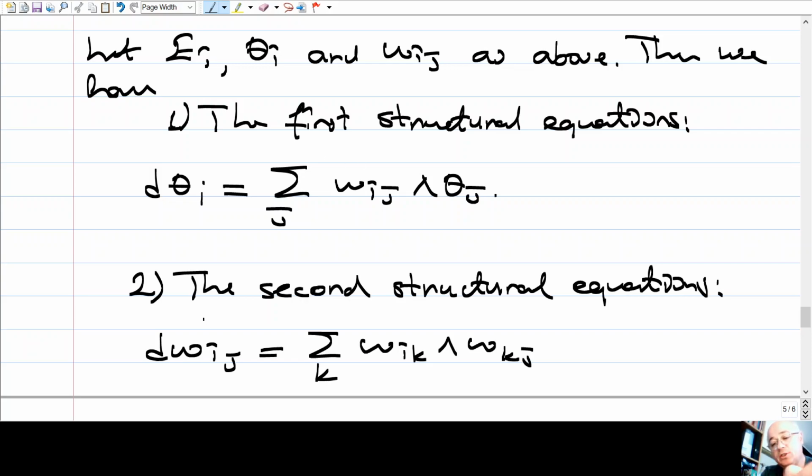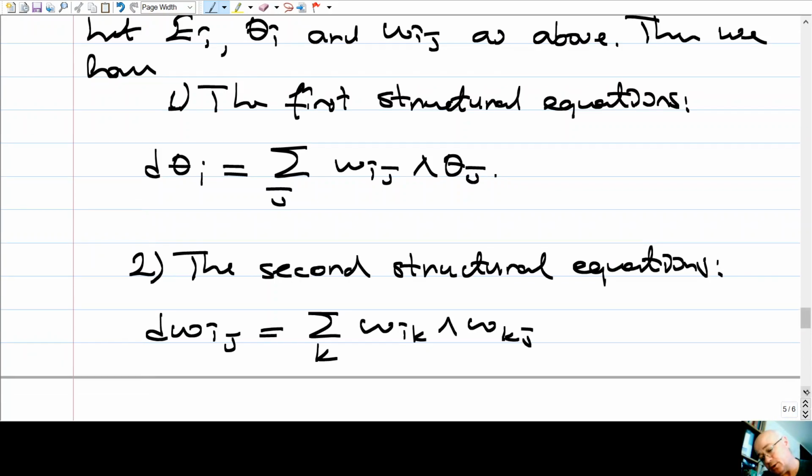These equations tell us that their exterior derivatives will be given in terms of these objects, because two forms are built from a basis of one forms. Here are the equations which describe the exterior derivatives of these one forms. So these are very important tools.